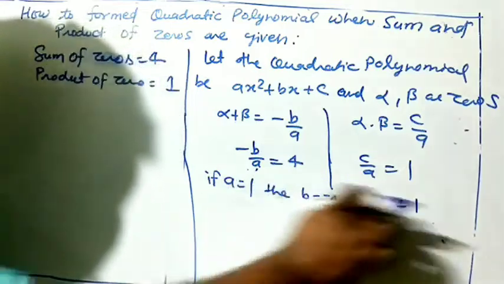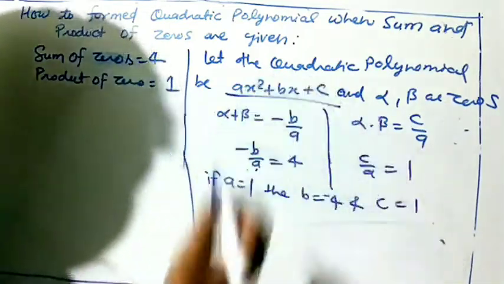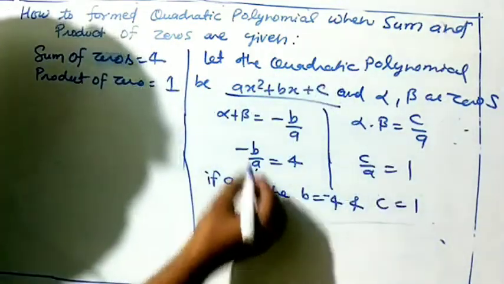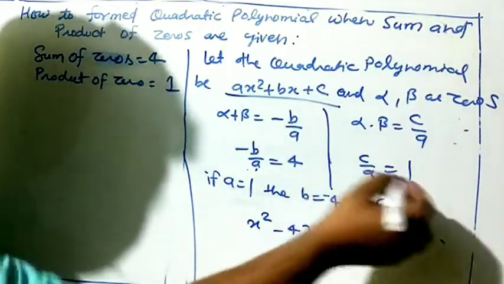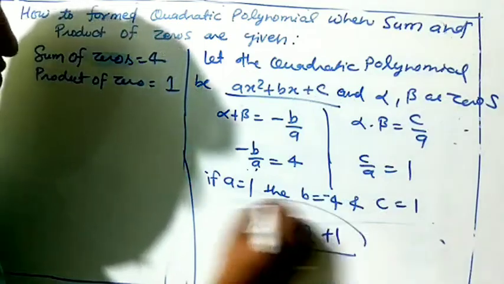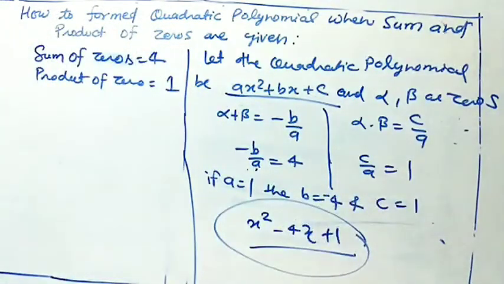Then put all these values in the quadratic polynomial. So a equal to 1, x square; b equal to minus 4, x; c equal to 1, plus 1. So this will be the quadratic polynomial.